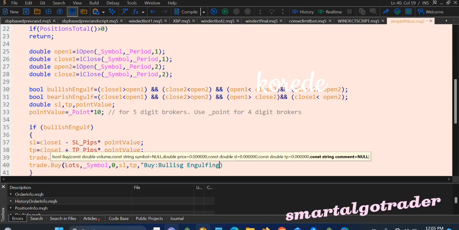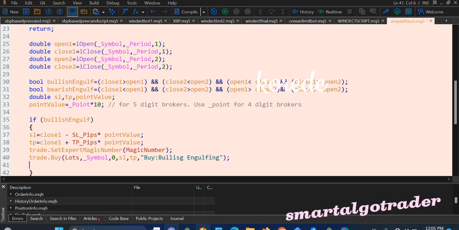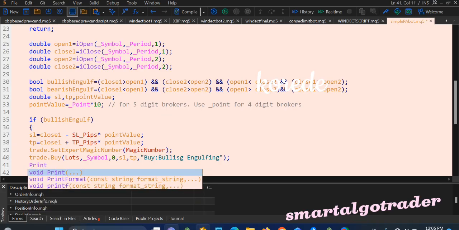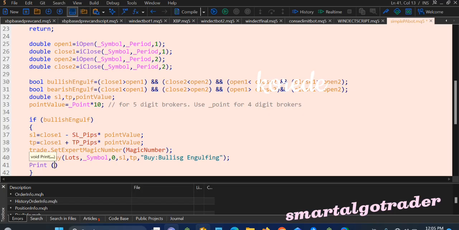Okay, so now we want to print. I think I should just add something. It's not good to be too serious. All work and no play makes Jack a dull boy. If I execute it, oh my god.